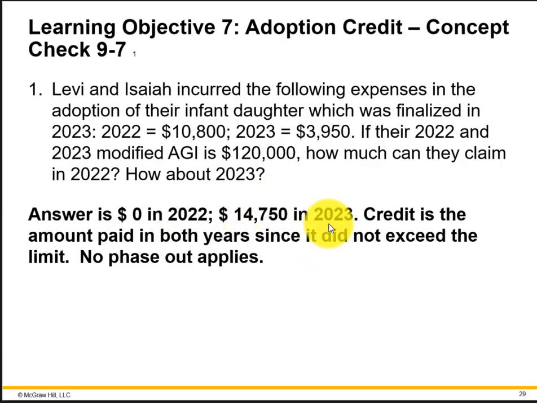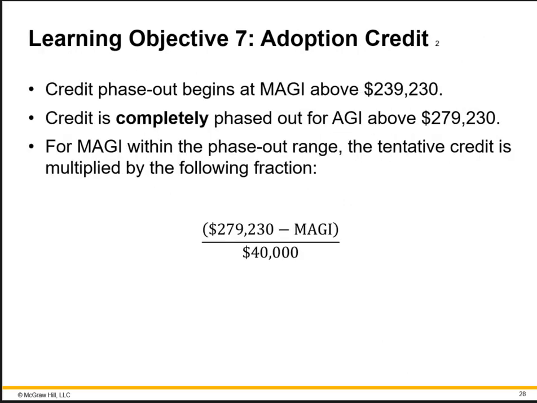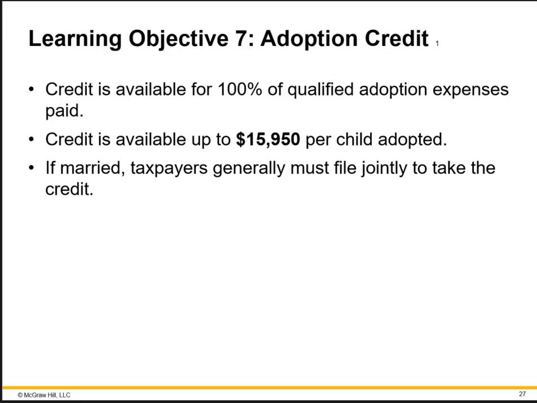The total in 2023 is below the limit, so they get to use all of it, and their income isn't high enough to cause a phase out. So they're good on that. So they get the full $14,750 in credit. That obviously offsets a lot of tax liability. But it is non-refundable.